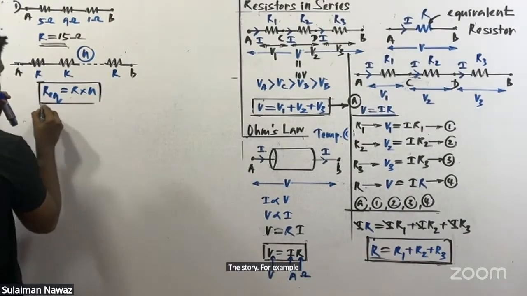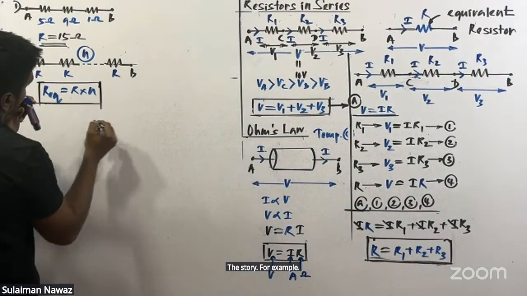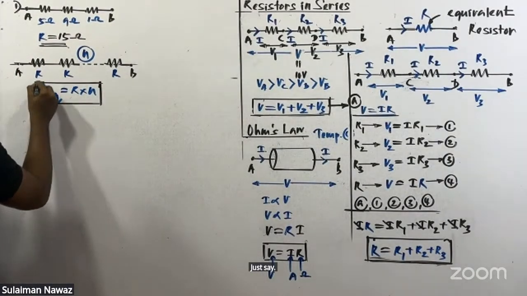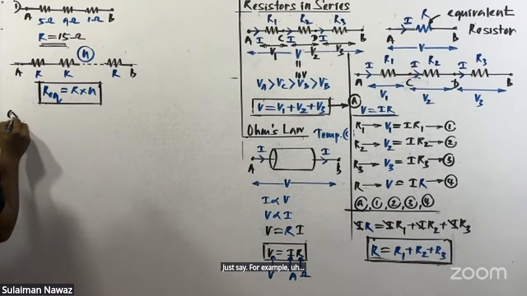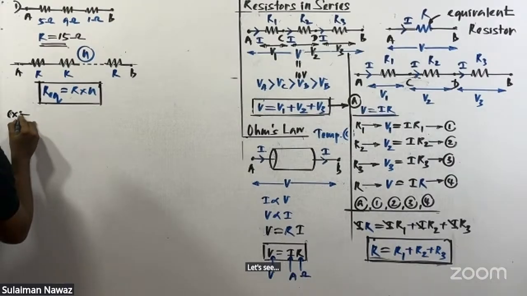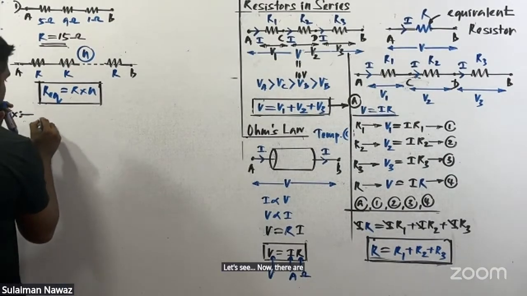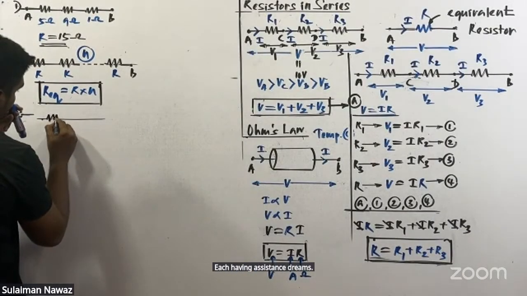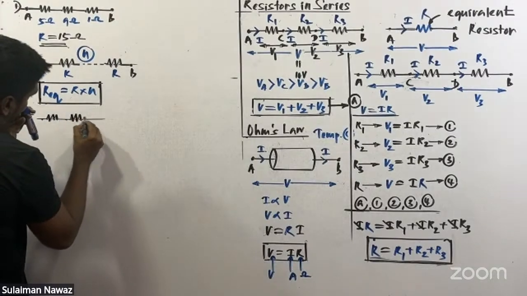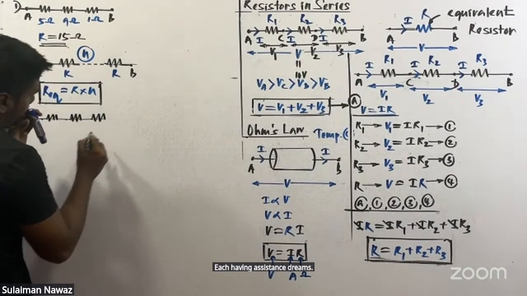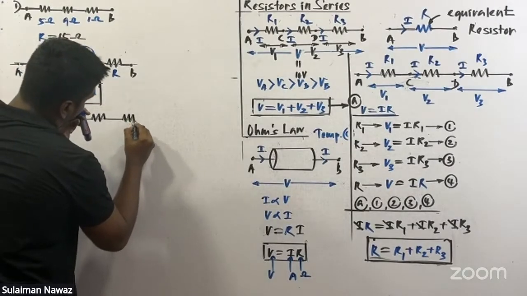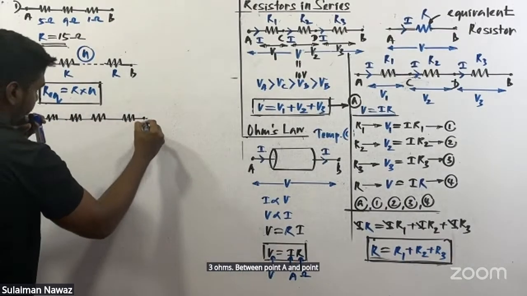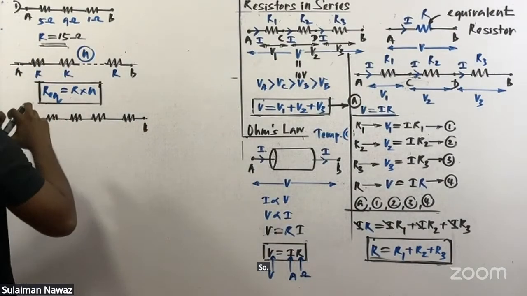For example, let's say there are 4 resistors in series, each having resistance 3 ohms, between point A and point B. You want to find the equivalent resistance.